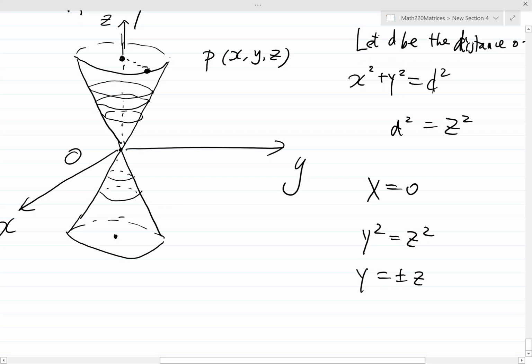It's not a solid volume, just the surface. So we get the equation of the cone.